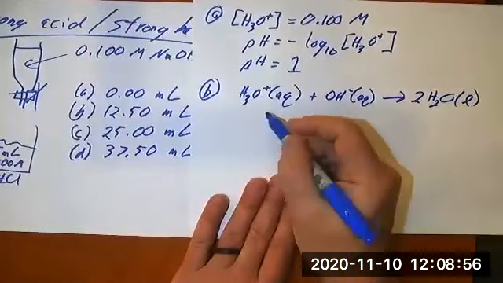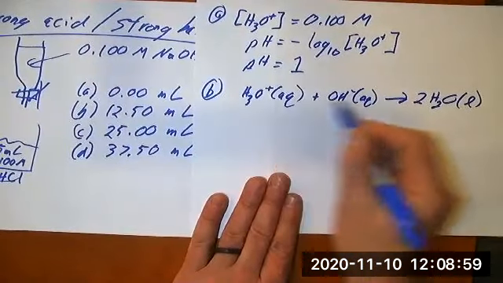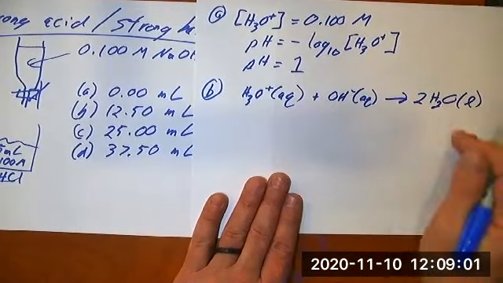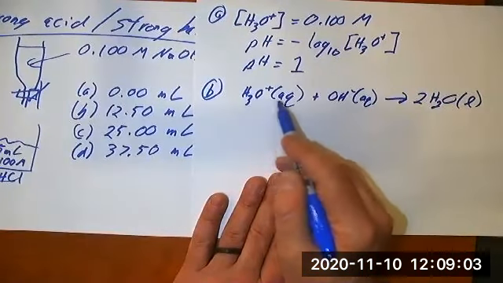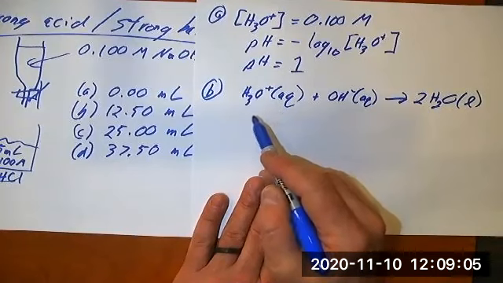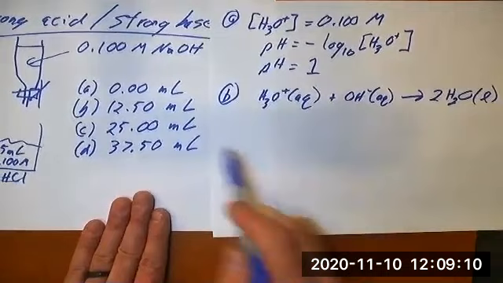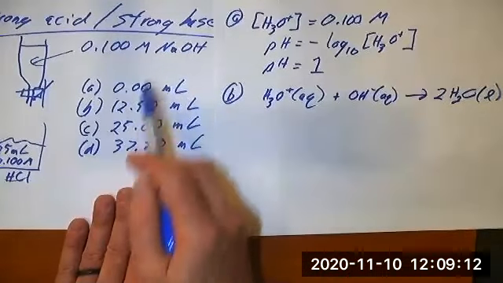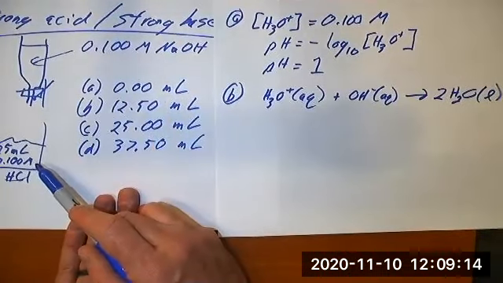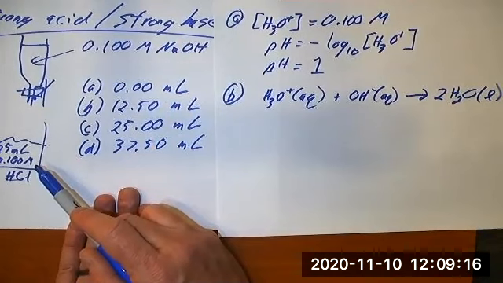And if we have twice as much hydronium as we do hydroxide, then once this reaction goes, we are simply left with half as much hydronium as we started with. Now, the complicating factor is that by adding the sodium hydroxide, we have changed the volume, so there's a dilution effect we have to deal with as well.